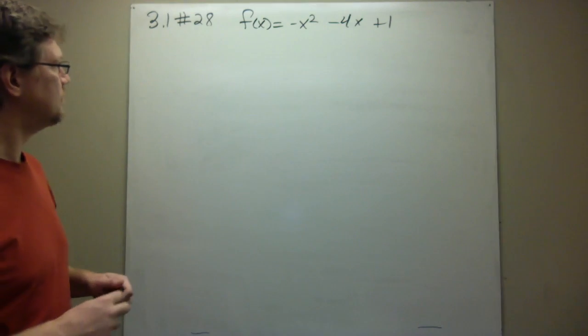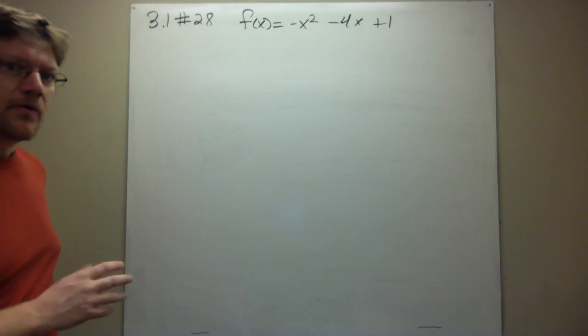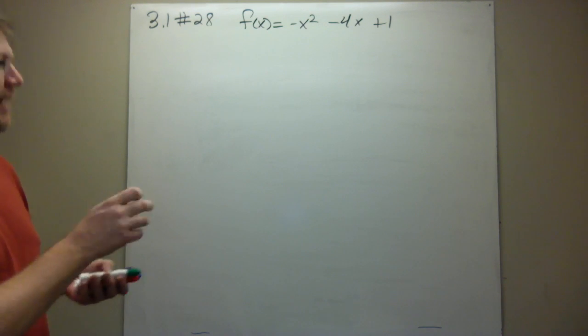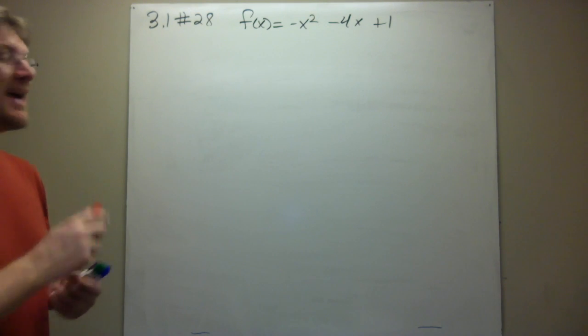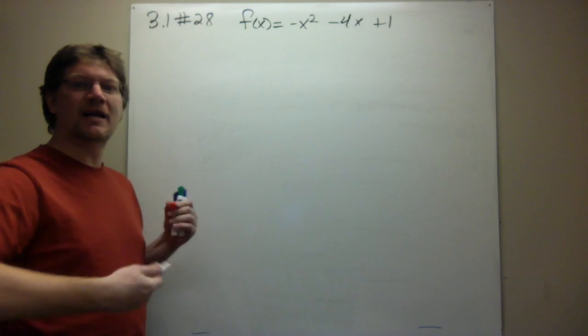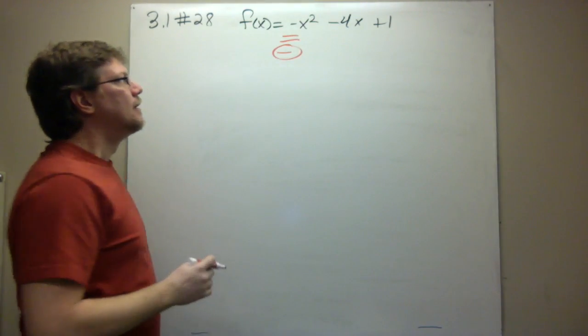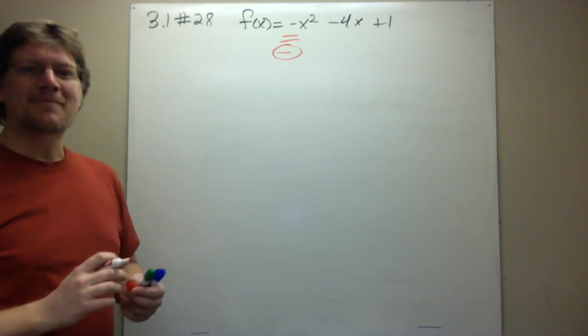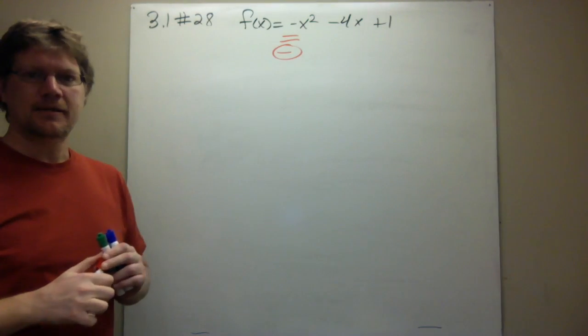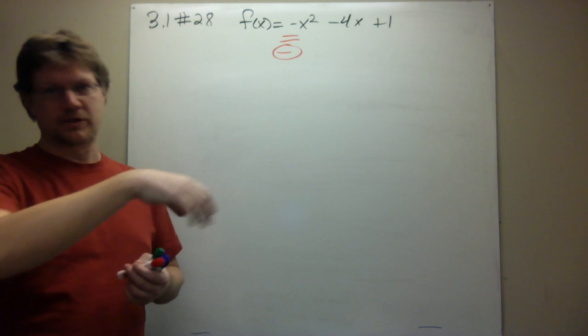All right. So, looking at this thing, f of x equal to minus x squared. This minus already gives me a lot of information about what's happening here. It's a negative x squared. That means it is a quadratic that opens downwards.